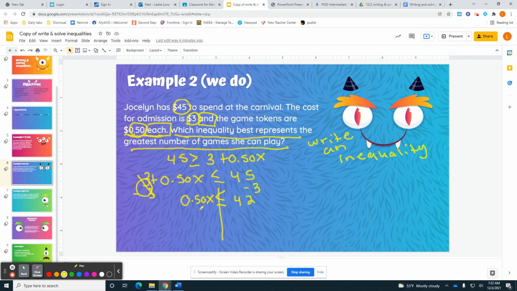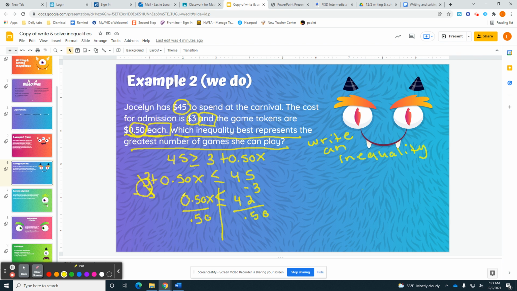So now you have to do what you would do here to get this x by itself, which would be divide, right? You divide by 0.50. So 42 divided by 0.50.